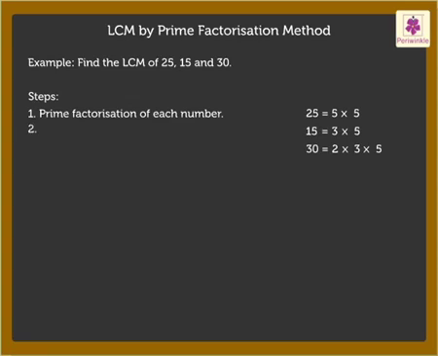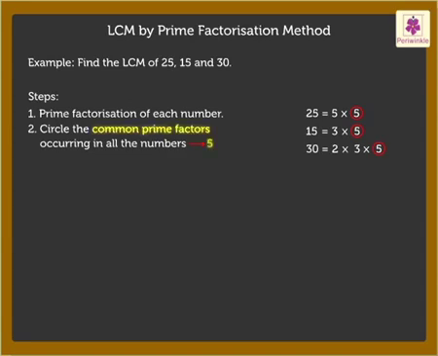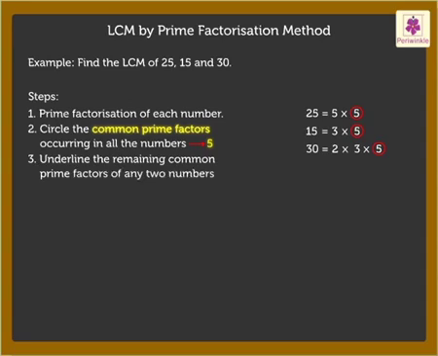Step 2. Circle the common prime factors occurring in all the numbers. Here, the common prime factor is 5. Step 3. Underline the remaining common prime factors of any two numbers.